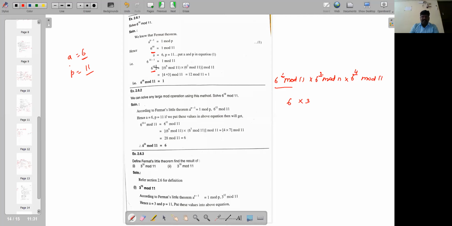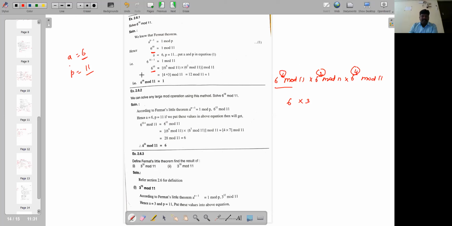So it is 6 power 10, right? I could take it in such a way that the addition of the powers is equal to 10. So 1 plus 3, 7 plus 4, or I can have one more 6, or here I can have 8. You can try any combination, but make sure that the power values are 1, 2, 4, 8.